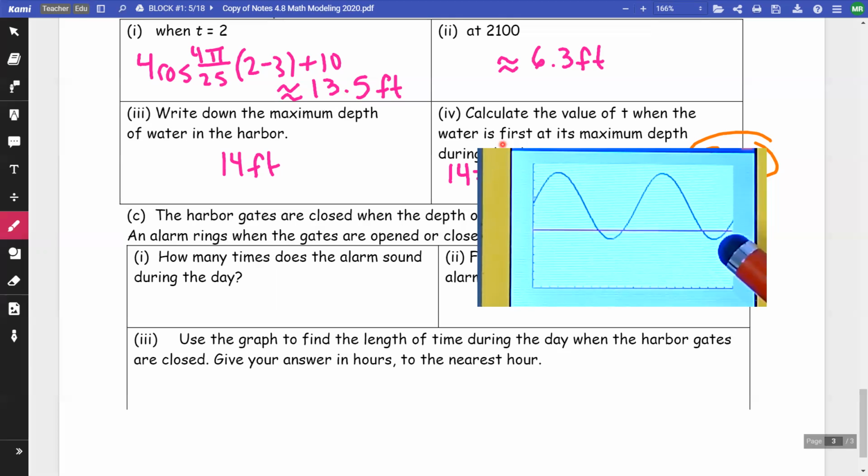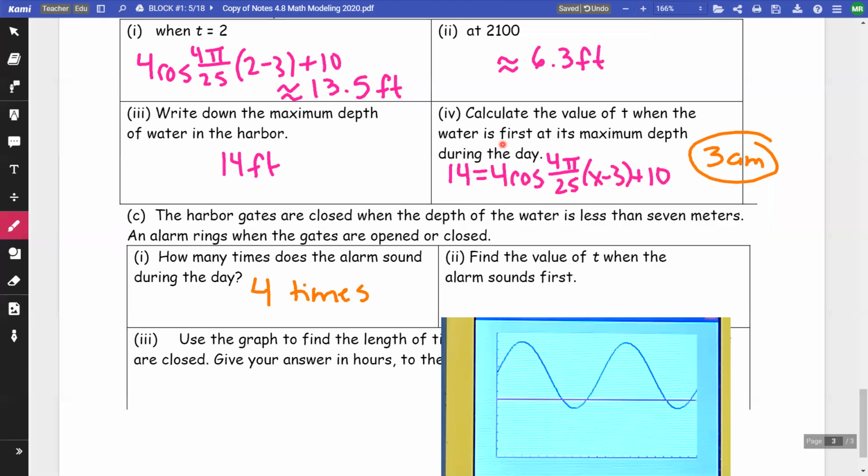So 1, 2, 3, 4 in 24 hours. 1, 2, 3, 4. So this is going to be 4 times. Again, every time it's at 7, it's going to have the alarm go off.